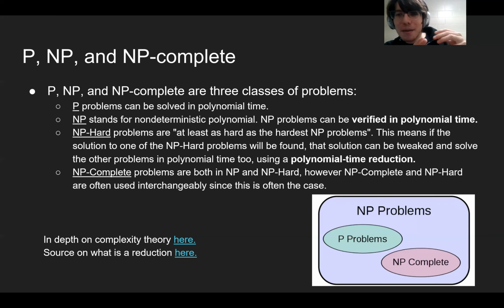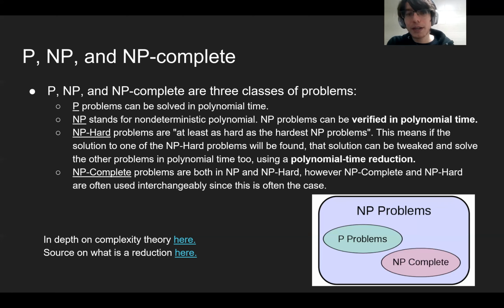You can modify the other problems slightly and pass them in, because everything else in NP is no harder than it. So you can use this one solution for all the other problems, because you can modify their inputs to fit this problem in polynomial time, and then solve this one in polynomial time.